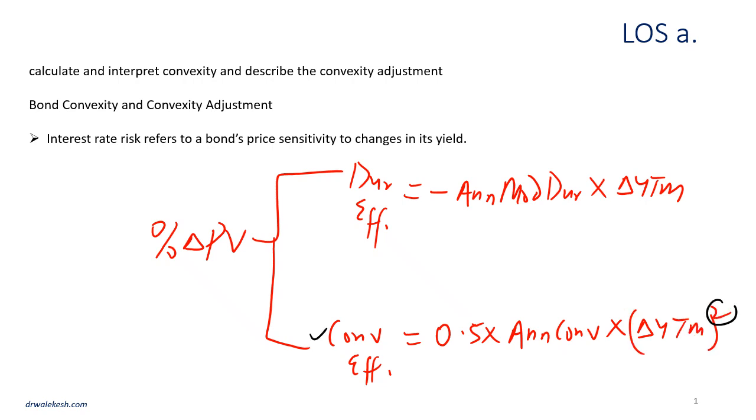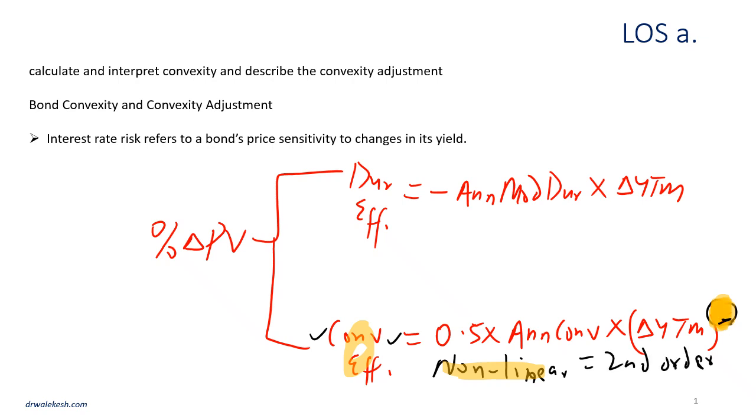From here, we could deduce that this convexity adjustment formula is obviously nonlinear. It is nonlinear because there is a power of 2 in this equation, which simply means we are dealing with an equation that looks more quadratic, that is nonlinear, or we could say that the convexity adjustment has a second order effect.